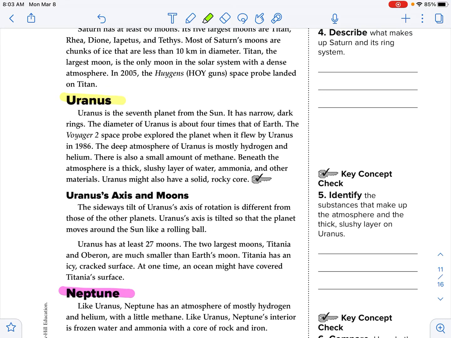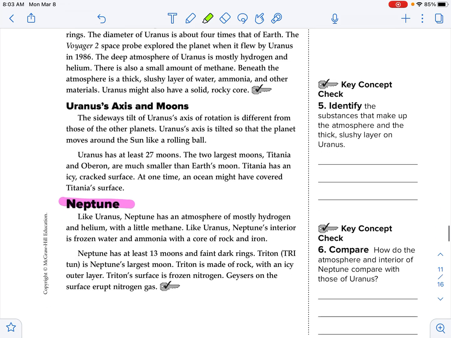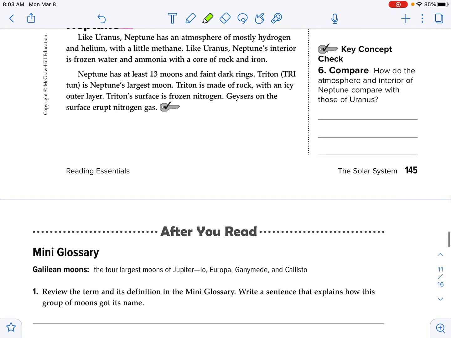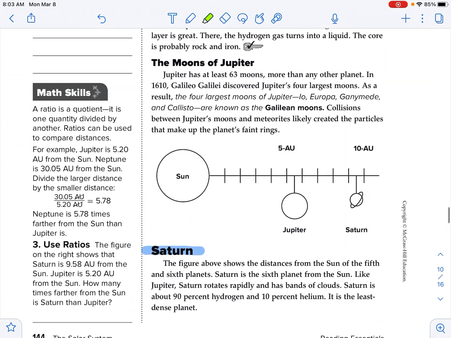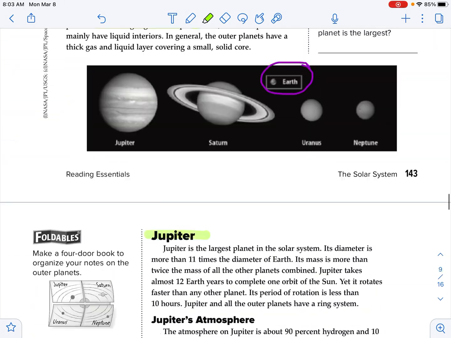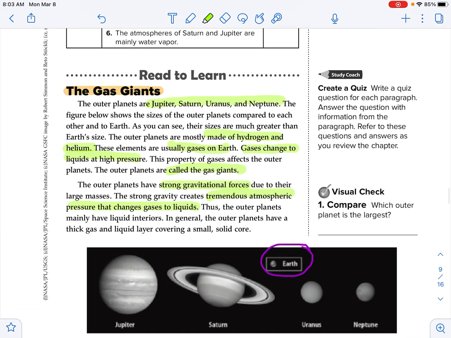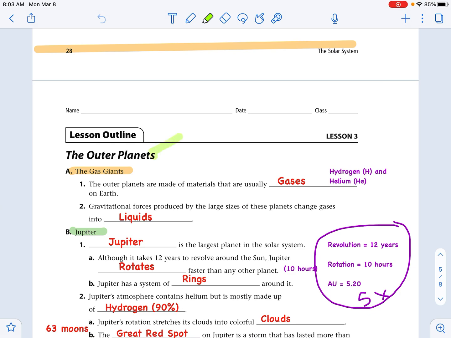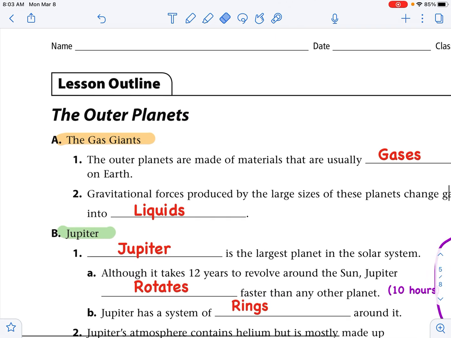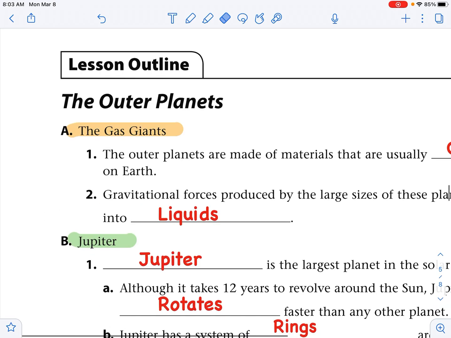And Neptune, pink. So if we scroll, then we see our one vocab word for this lesson. All right, so pink, yellow, blue, green, orange, okay? So let's go to our outline notes, and we're going to see we have the exact same thing, okay?